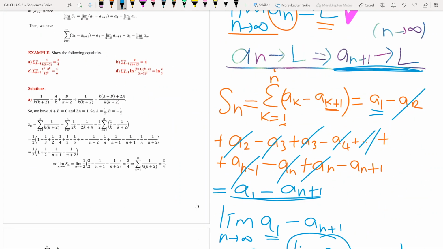I will solve some extra problems about this kind of telescoping series using the idea of the n-th partial sum.